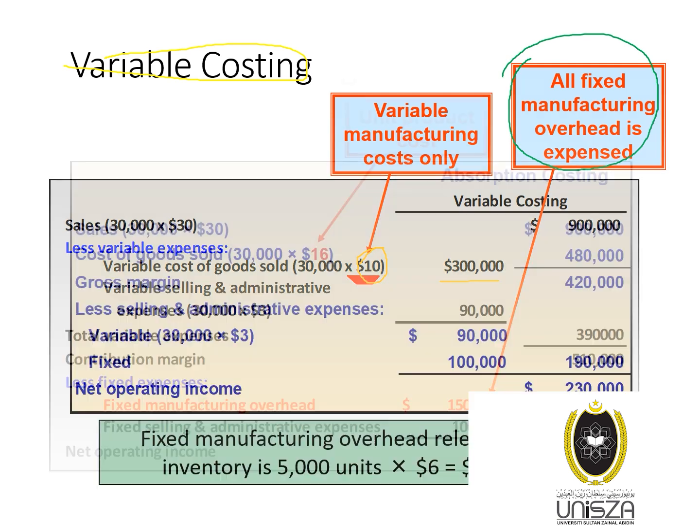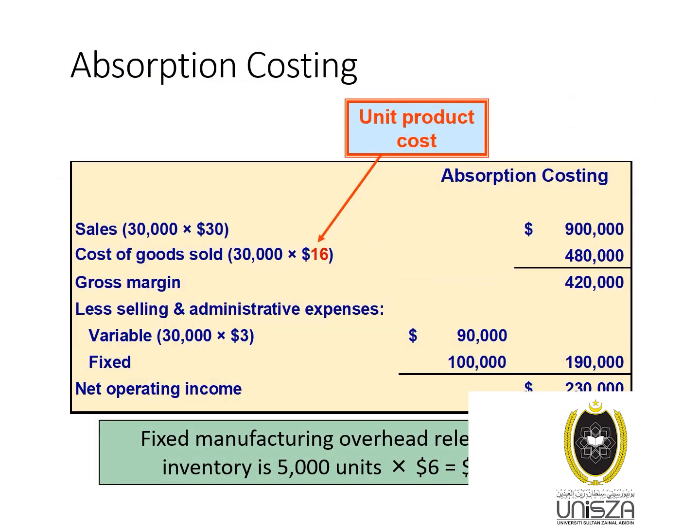Next, absorption costing. So we prepare the income statement for the absorption costing method. 16 per unit is the unit product cost under absorption costing. And here the selling and administrative expense, we just take up to the number of the units, 30,000, so 90,000.